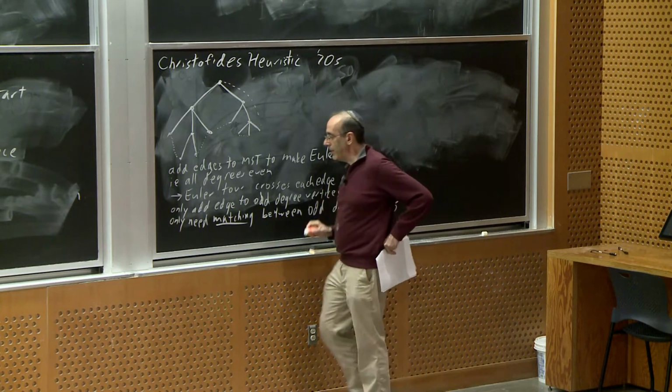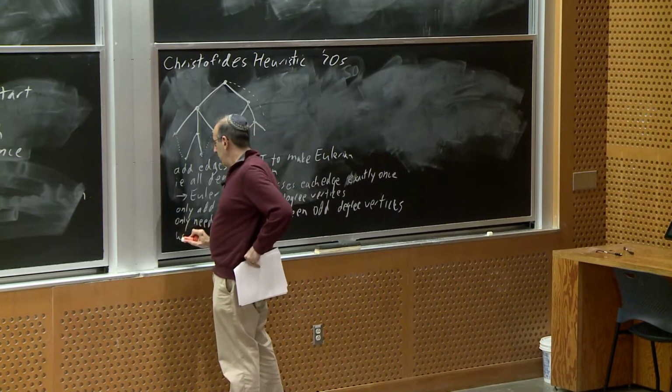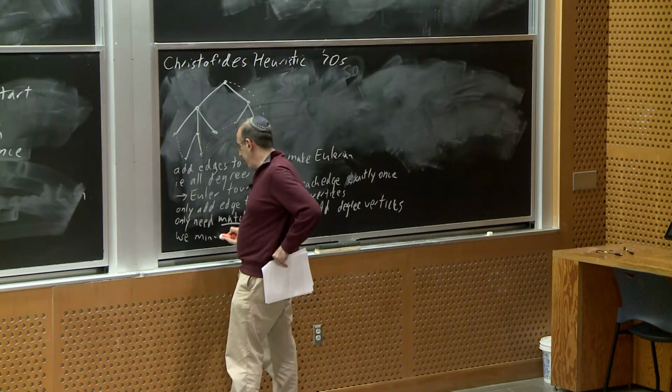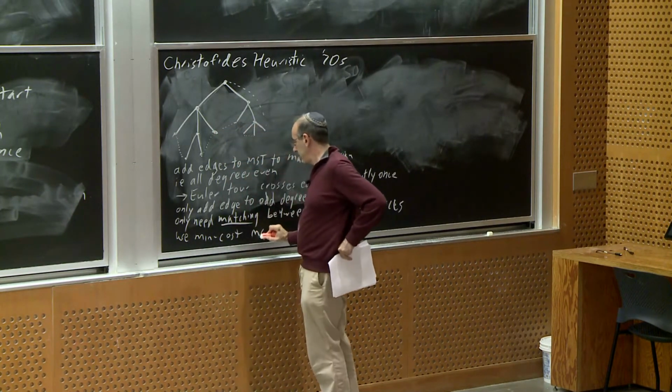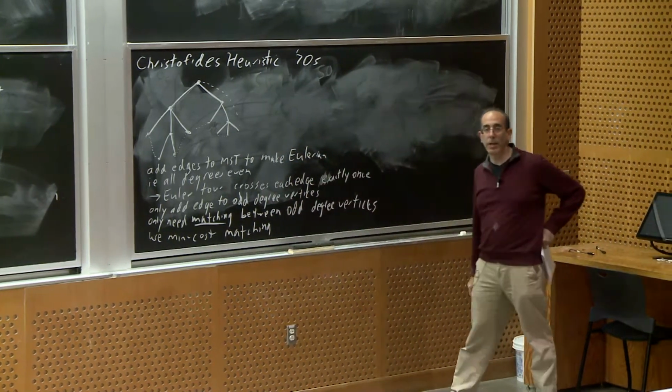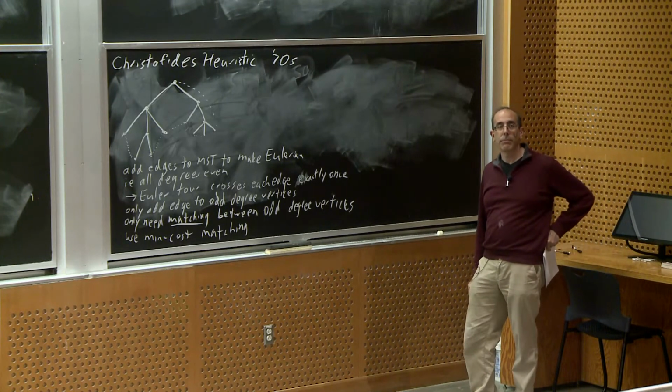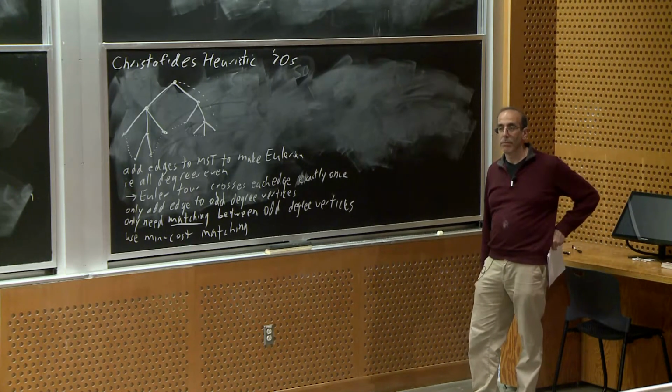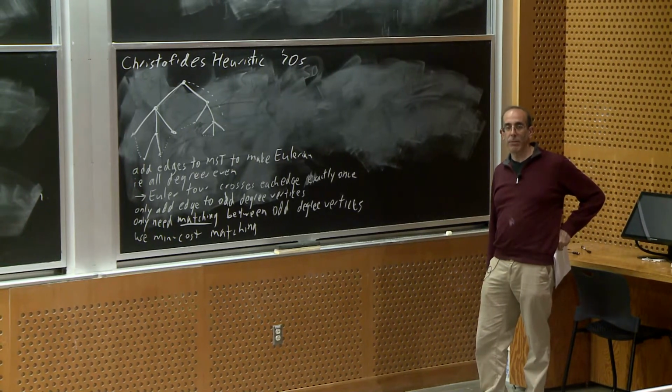And so what Christofides says to do is the obvious thing, which is to use the min-cost matching as your way to complete the minimum spanning tree into an Eulerian graph. Okay? Reasonable thing to do?